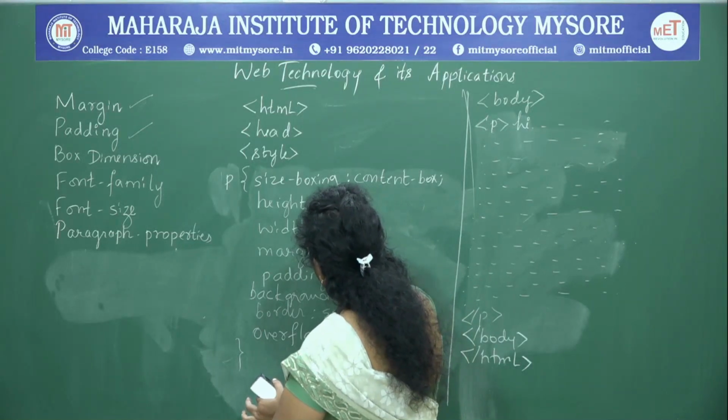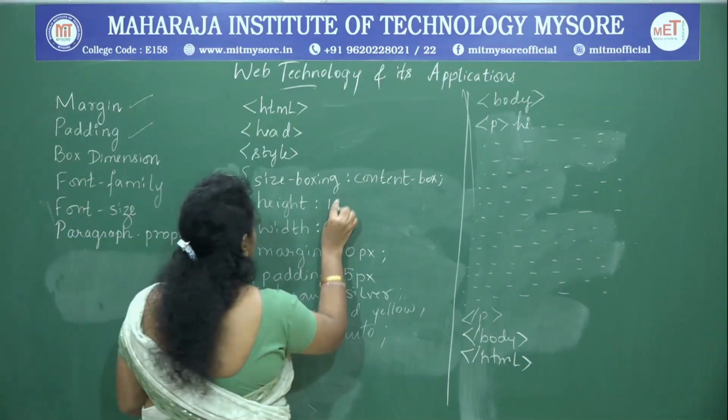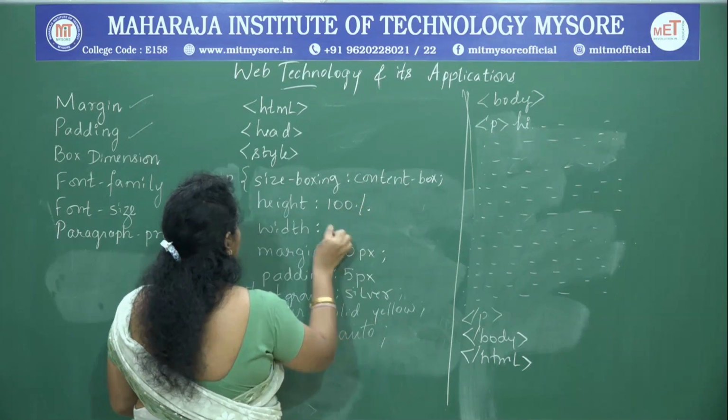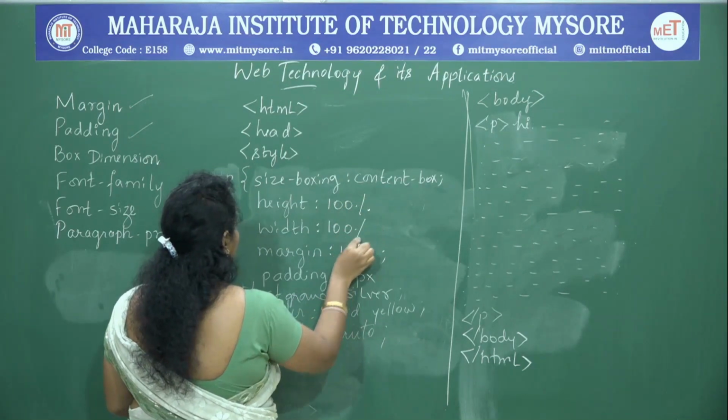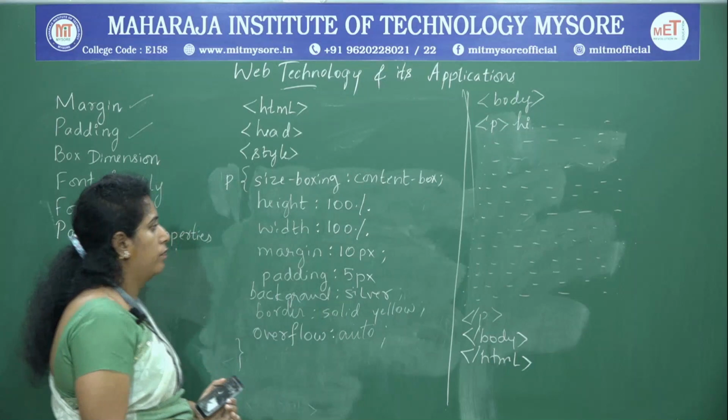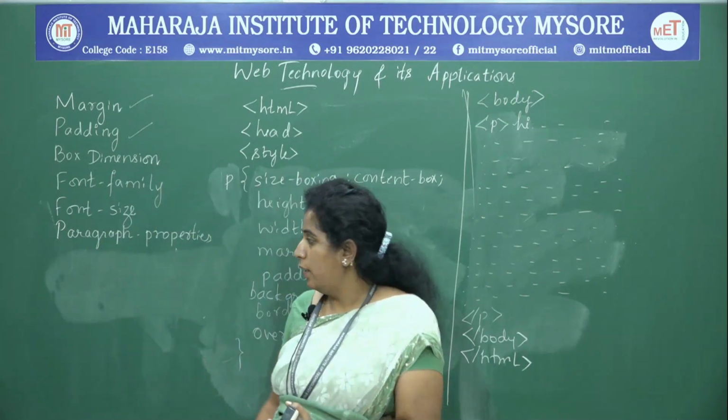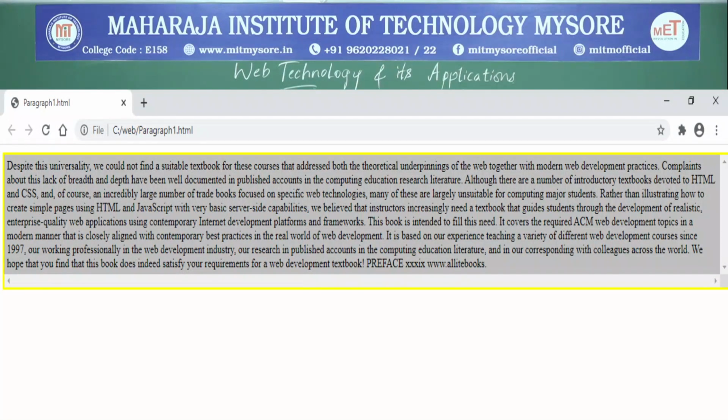I am giving here 100%, 100%. So finally, now I am going to run the program. So now you look into the output, how it looks like. Okay, got it everyone?